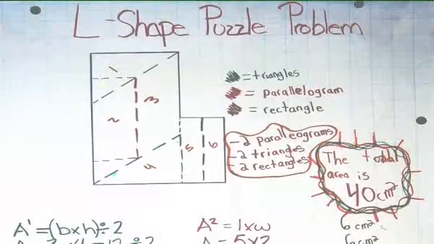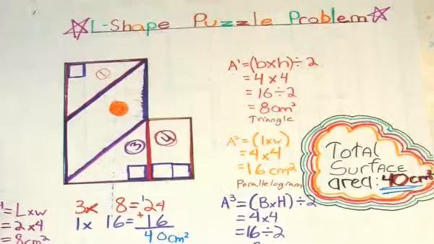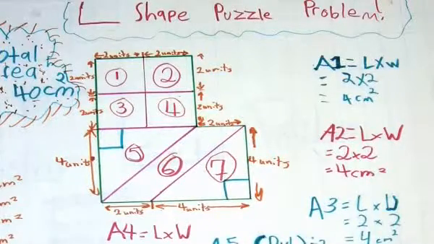We know the formula is base times height. So the base was 4 units times the height, which was 4 units also. So that would be 16 units squared. And then since there's only one parallelogram, we don't have to multiply it by 2.